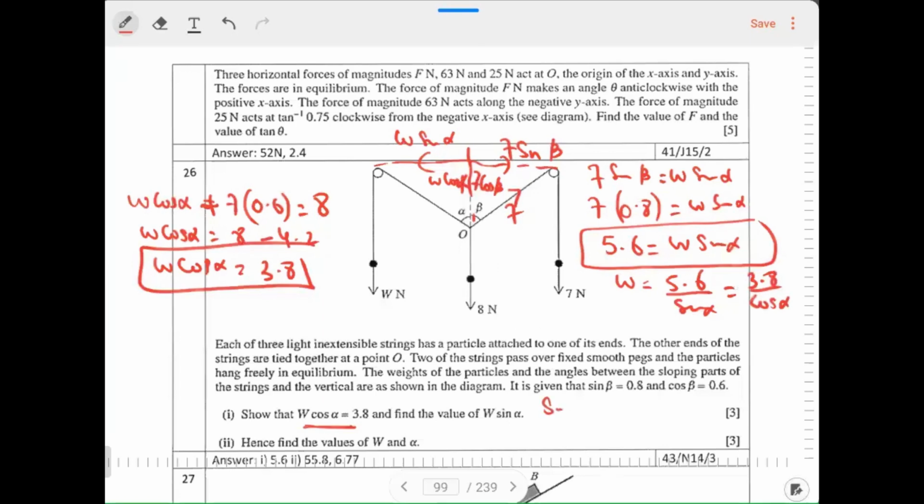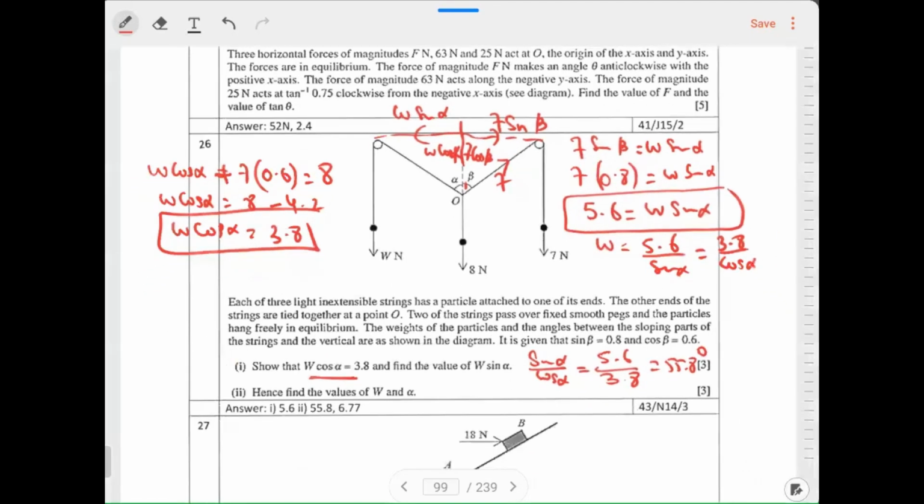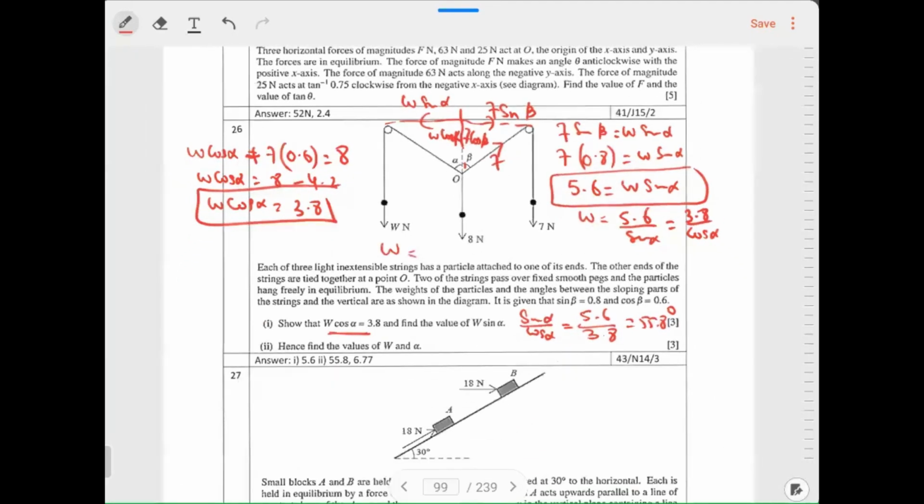So sin alpha upon cos alpha is 5.6 upon 3.8, alpha is 55.8 degrees. Let's find W also. W is equal to 3.8 upon cos 55.8, which is 6.76.